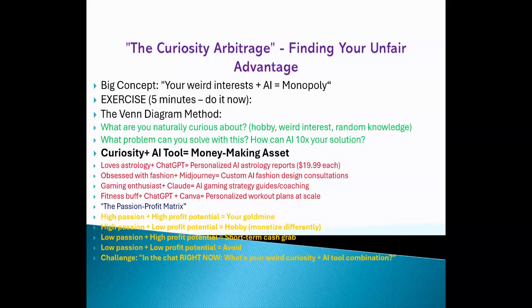Let's say you love gaming. Combine it with Claude. Then you can create AI gaming strategy guides, coaching. Or combine it with streaming. You can start Twitch and YouTube at the same time while you are playing computer games. Start broadcasting. So combine your curiosities with the AI tools and turn them into money-making machines.